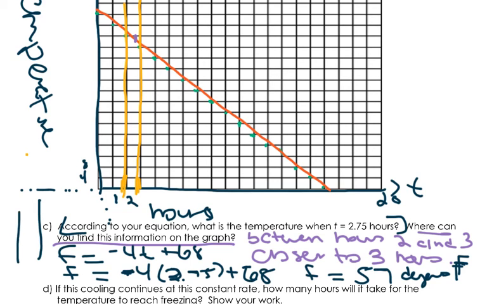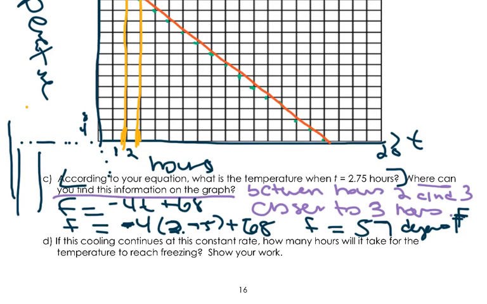Now let's look at D. It says, if the cooling continues at this constant rate, how many hours would it take for the temperature to reach freezing? Well, you need to know how much is freezing, and freezing is actually 32 degrees. So we're looking for when it's at 32 degrees. Now, it's telling you to show your work, so that means they want you to do this algebraically.